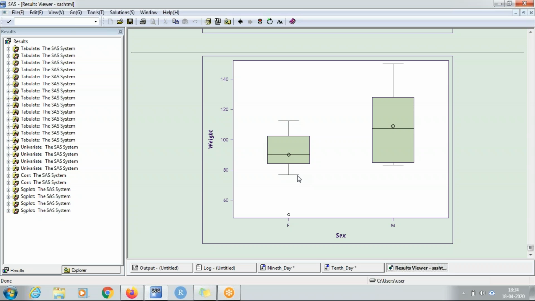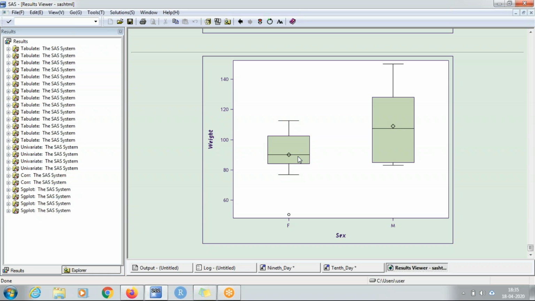All right. So let me clarify what a box plot is. A box plot just gives you the distribution of your data, and this box contains the middle 50% of your population. This point is clear? Yes, sir. The lower one is the 25% quartile and the upper one is the 75% quartile.